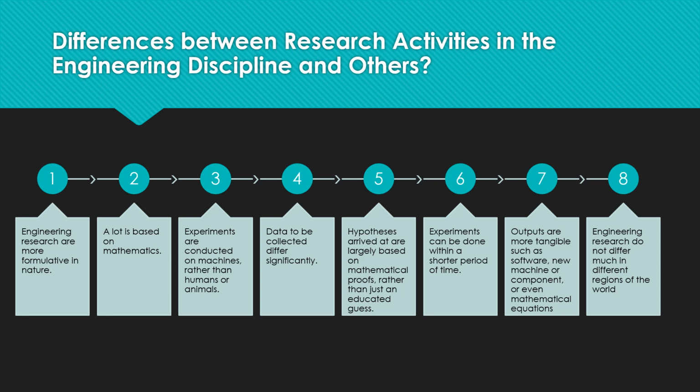Hypotheses are normally arrived based on mathematical proof, okay, not just educated guesses. Experiment can be done within a shorter period of time, and the outputs are more tangible, such as software, new machine or component, or even mathematical equation. And this research activity do not differ much in different regions of the world.